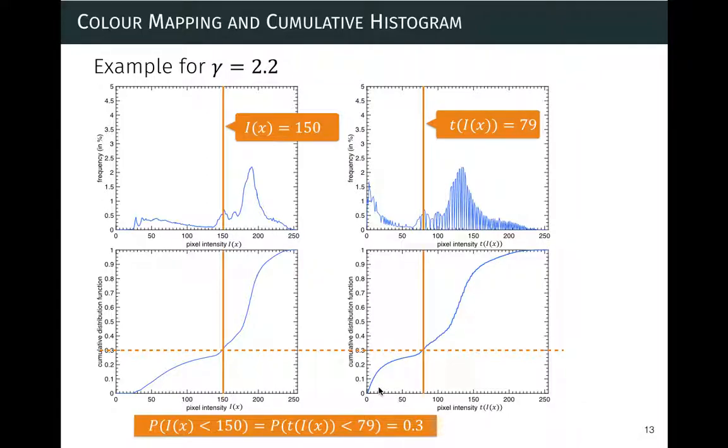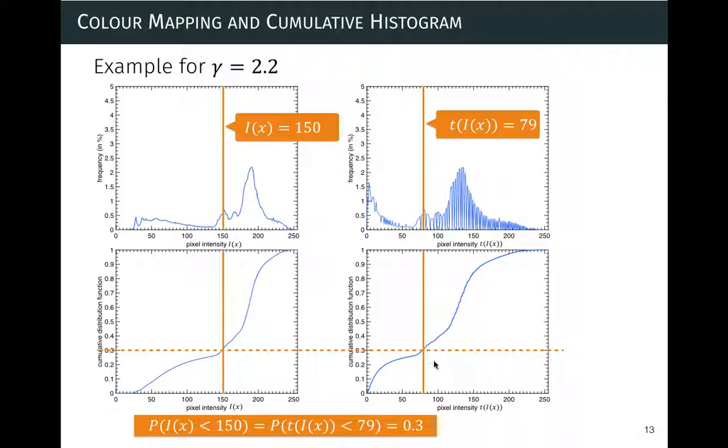And basically, the way you're going to proceed to find what is the color mapping you need is, you're going to start here. You say, my value is 150. I want to know what the transformed value for 150 is. I say, first compute what the cumulative histogram is, and give me the number of pixels that are darker than this value. And I say I have 30% of the pixels that are darker than this particular value.